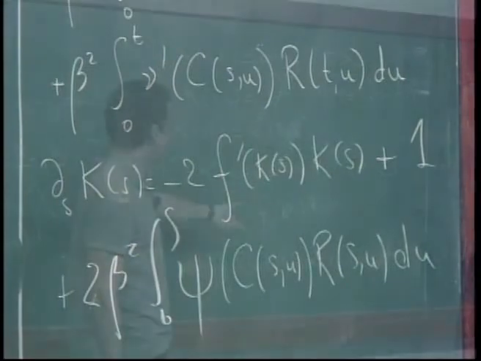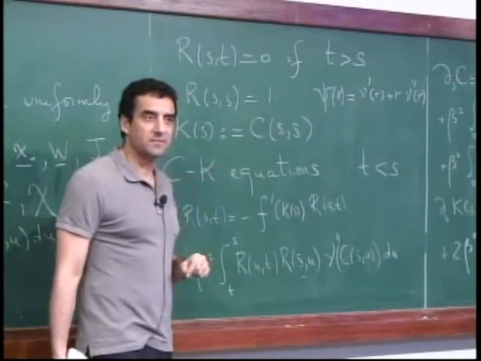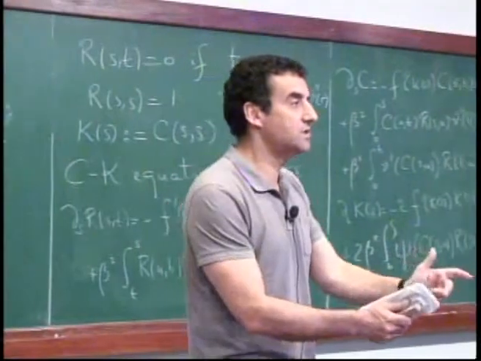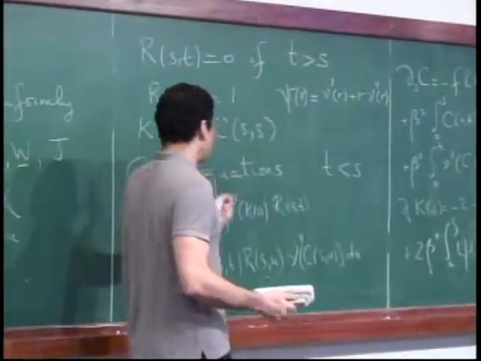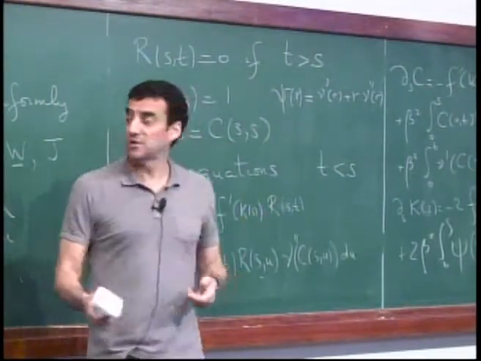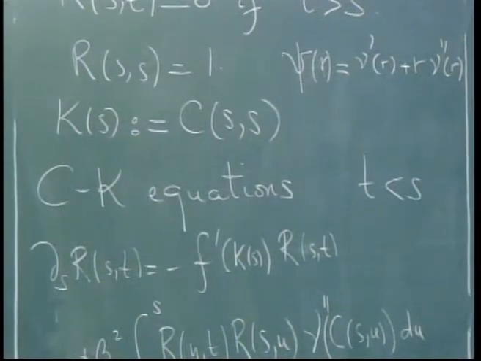These are equations that relate the response to the fluctuation. And this is autonomous. You just need to know these two things. People are not directly interested in the response. They are more interested in the behavior of C of ST, which is the overlap. But you don't have an equation which is autonomous for C.